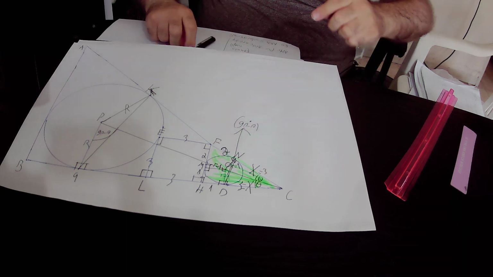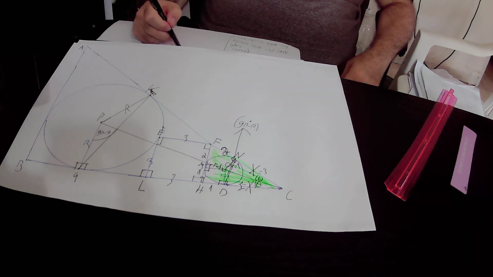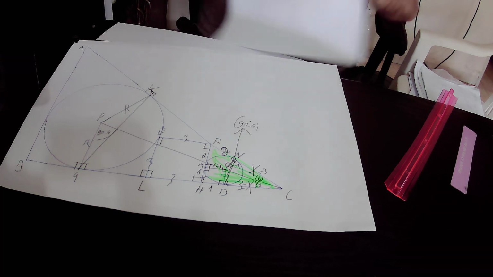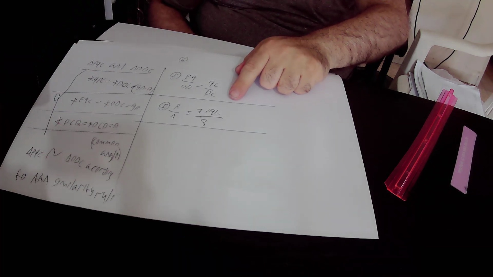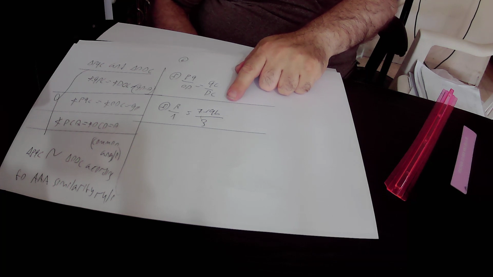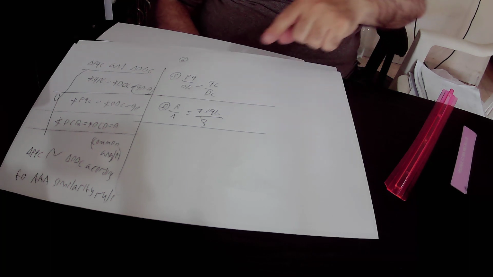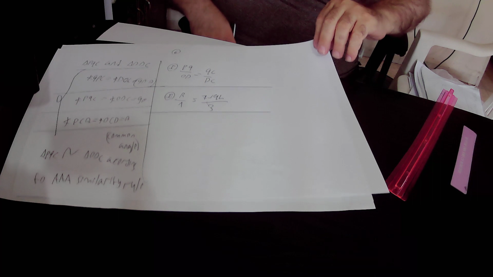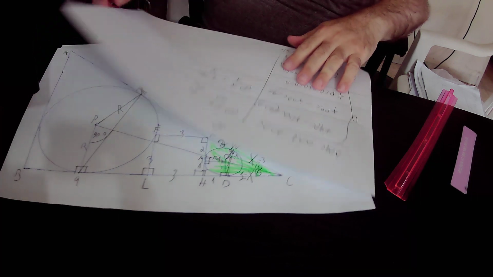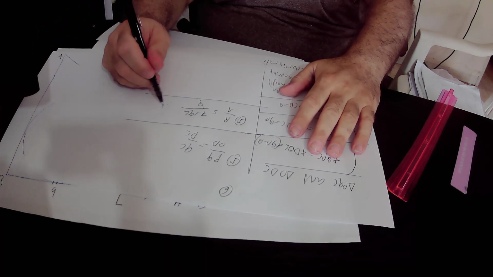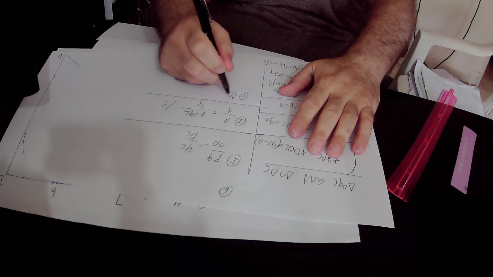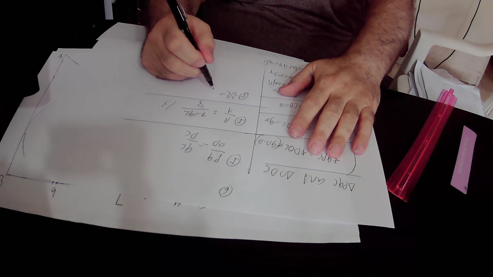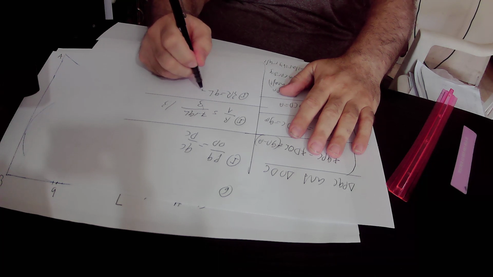So we substitute DC by 3 and we get that according to equation number 1, R equals 7 plus QL over 3. Here we multiply this equation number 1 by 3 and we get 3R equals QL plus 7.